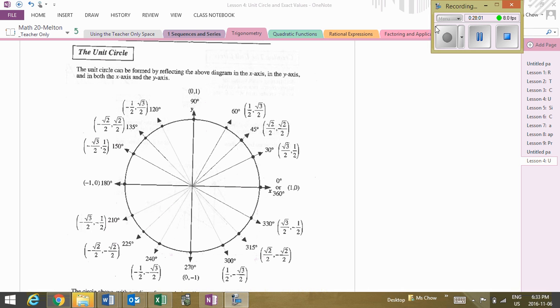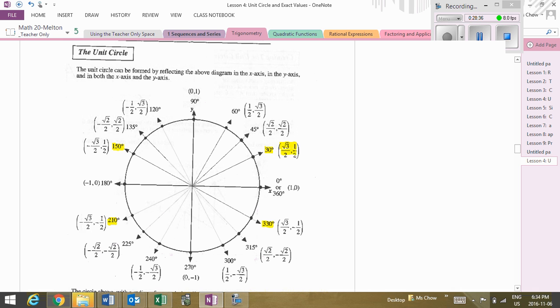Let's take a minute to go back to the unit circle. I mentioned that some people will make the effort to memorize the unit circle. It looks pretty overwhelming, but at the same time, it's actually fairly straightforward when you think about it. If 30 degrees is our reference angle, then 150 degrees has the same reference angle, as does 210 degrees, as does 330 degrees.